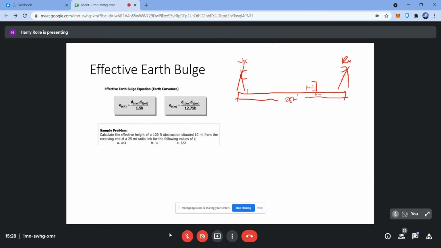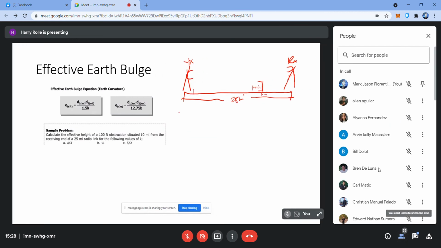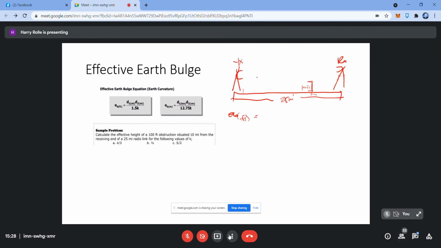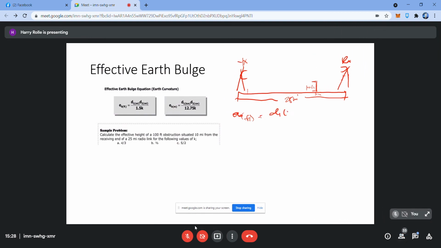So EB, in feet, is equal to D1 miles over D2 miles, all over 1.5 K. What is K? 4 over 3, so we will use 4 over 3 first.